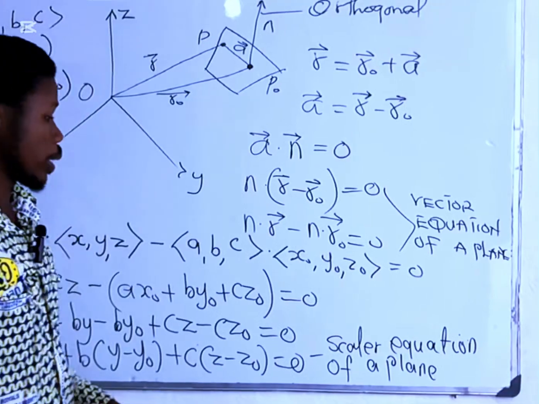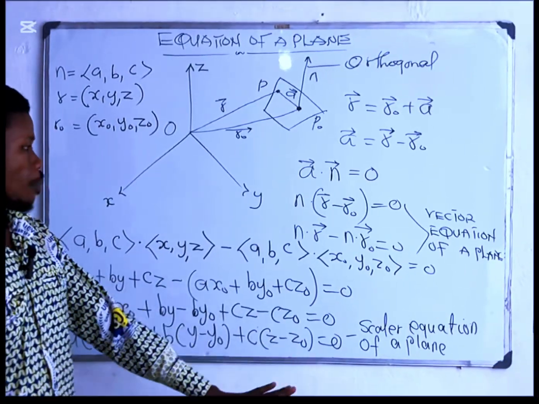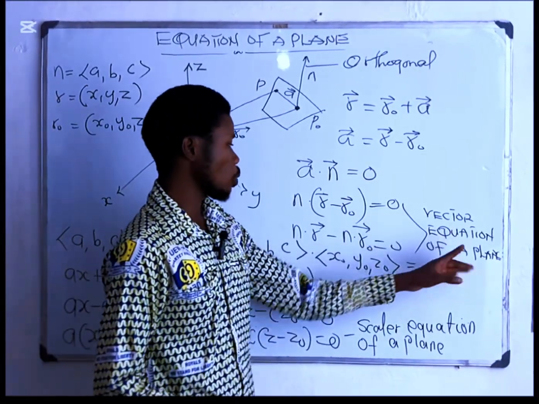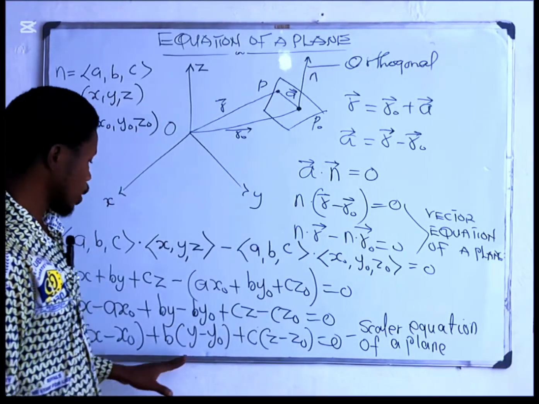Is that okay? So this is the scalar equation of a plane. And this is called the vector equation of a plane from here. So these are the two things.